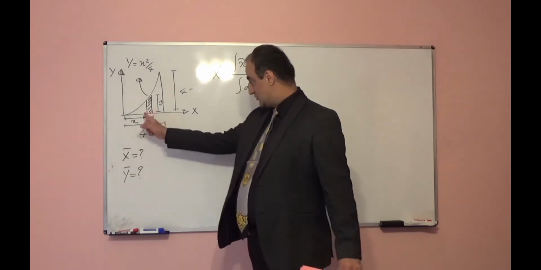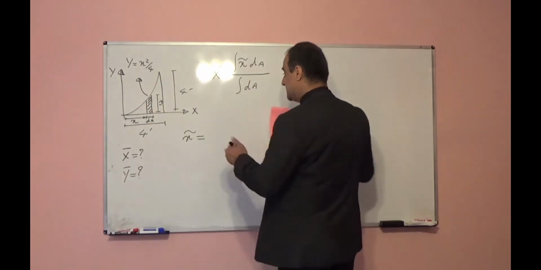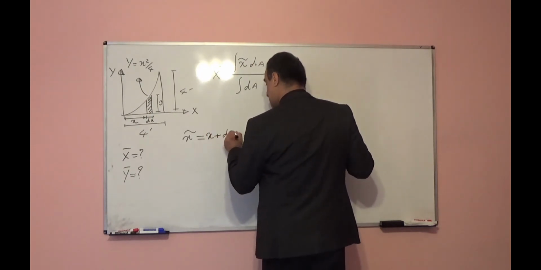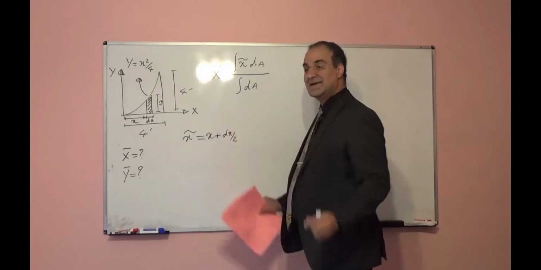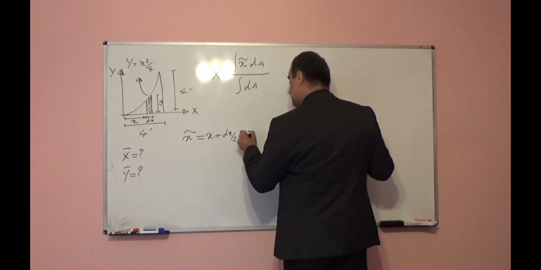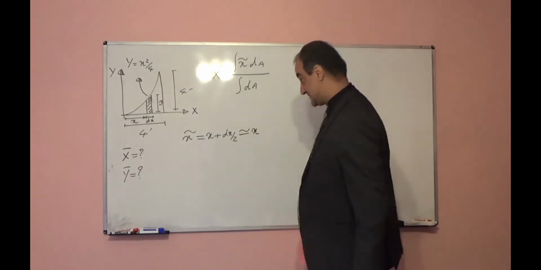So the centroid for this small element, which is rectangular, will be x plus dx over 2. Because dx is a differential length, it is very small, so x tilde will be equal to x.